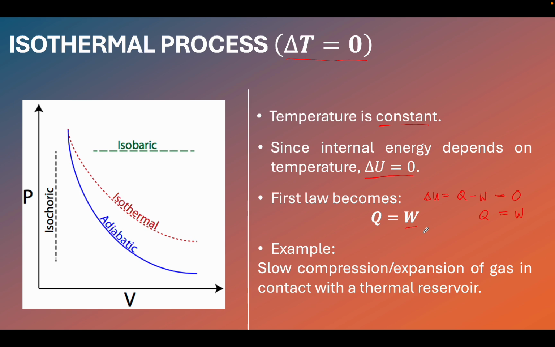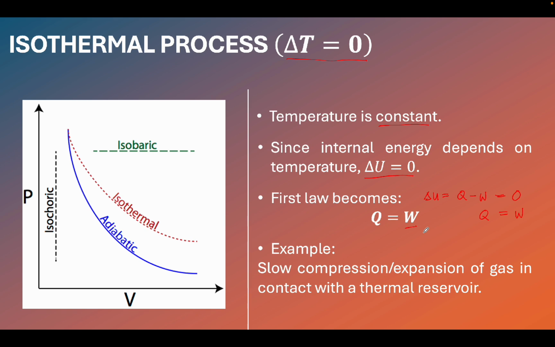The heat added is entirely converted to work done by the system, or vice versa. An example is the slow compression or expansion of a gas in contact with a thermal reservoir.